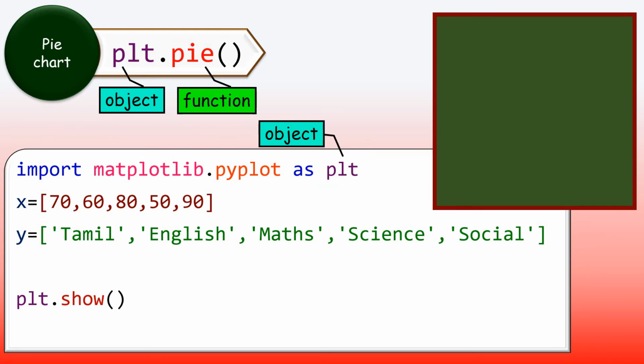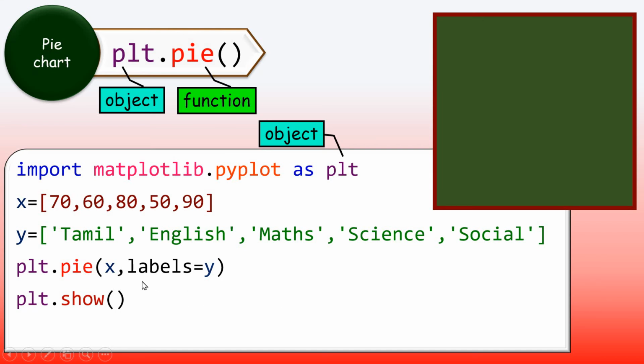Observe carefully how I am writing the pie function. plt.pie(x, labels=y). The first parameter is x, which has the values, and the second parameter is y, which has the labels. But you should not directly write just y.